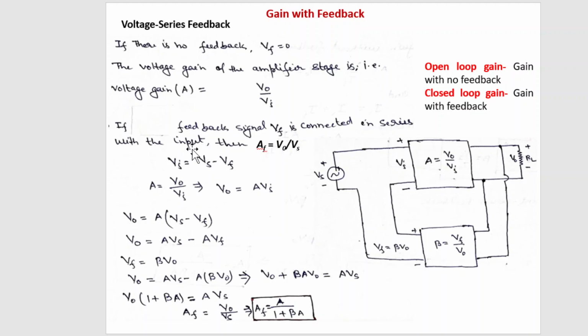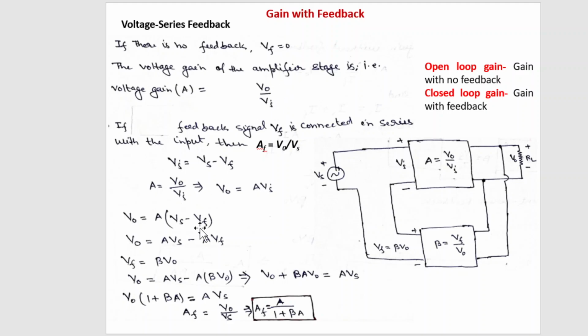So A will be equal to VO upon Vi, and this output voltage VO can be written as A into Vi.